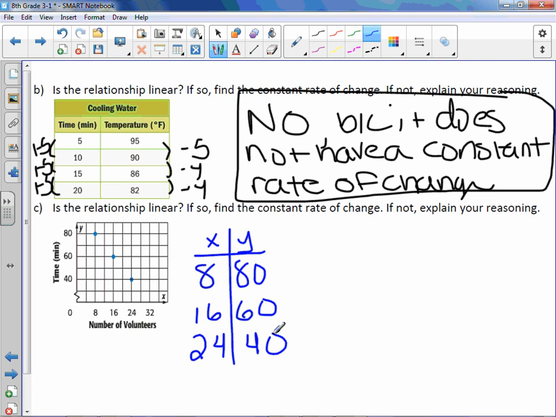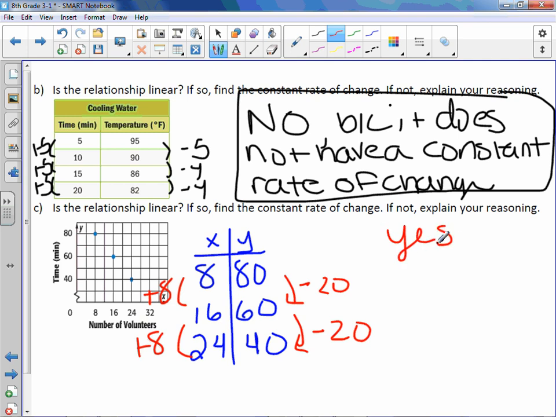To see if there's a constant rate of change, 80 to 60 is minus 20, and 60 to 40 is also minus 20. And with our x values, it looks like plus 8 to 16 and plus 8 to 24. So yes, it's linear. Our constant rate of change is negative 20.